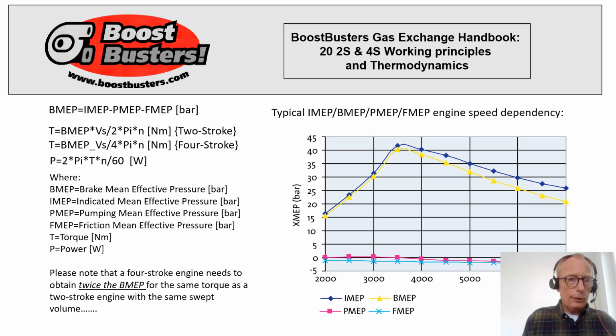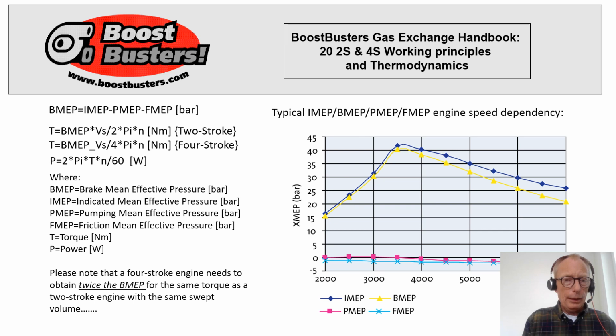Torque from a certain engine depends on brake mean effective pressure, which is the important part. And for a two-stroke engine, this is what torque you can expect depending on the swept volume. This is the torque you can expect from a four-stroke engine, and for the same swept volume and brake mean effective pressure, keep in mind that the four-stroke engine will generate half the torque compared to the two-stroke engine.